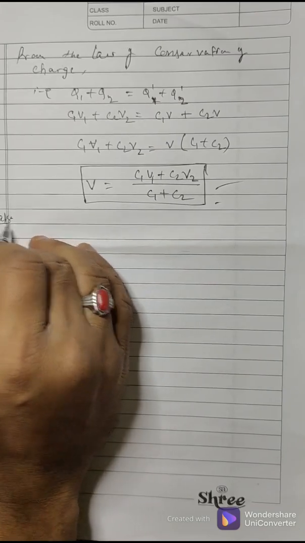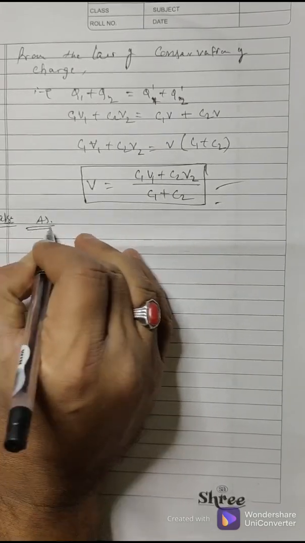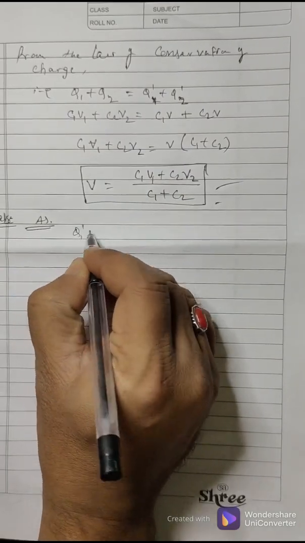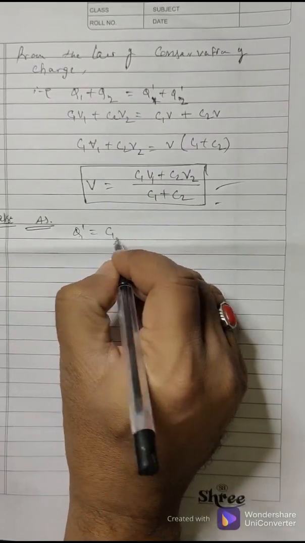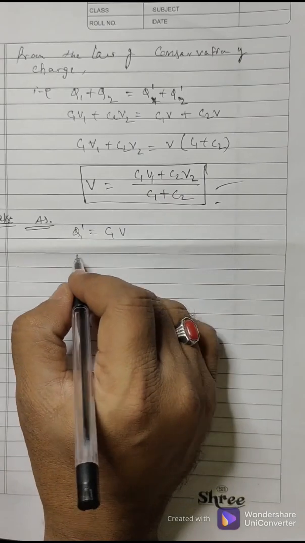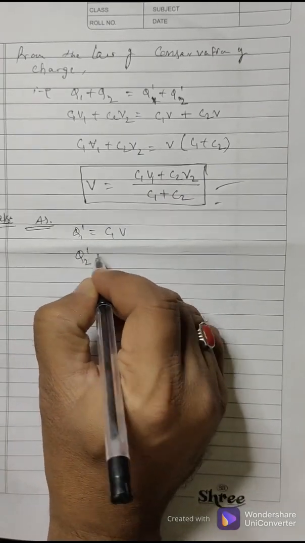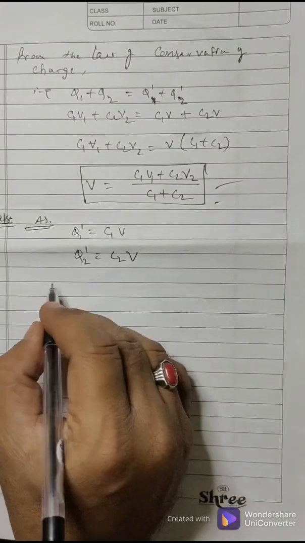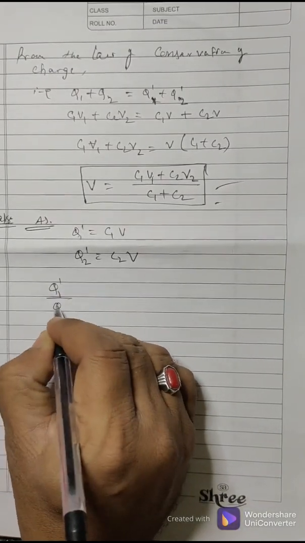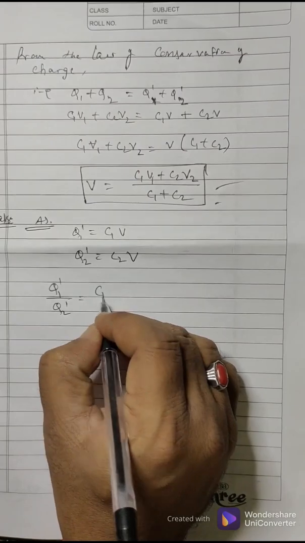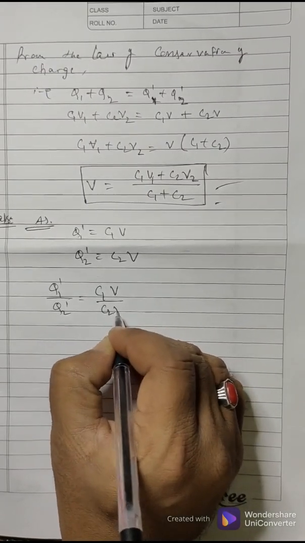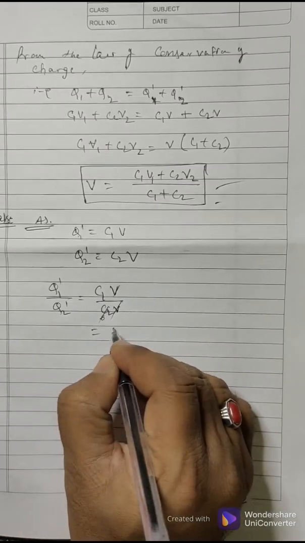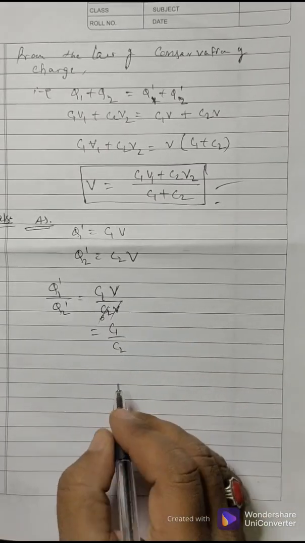Also, we know that Q1 dash equals C1 V, and Q2 dash equals C2 V. If I divide these two, Q1 dash by Q2 dash equals C1 V by C2 V. The V's get cancelled, leaving C1 by C2.